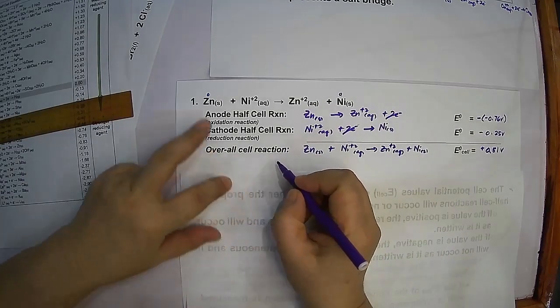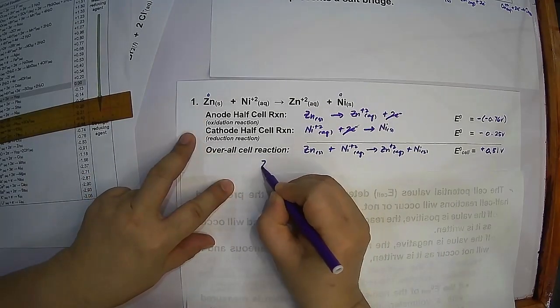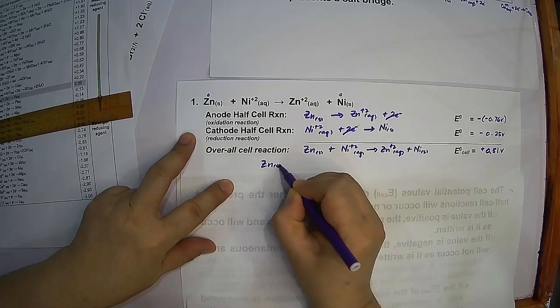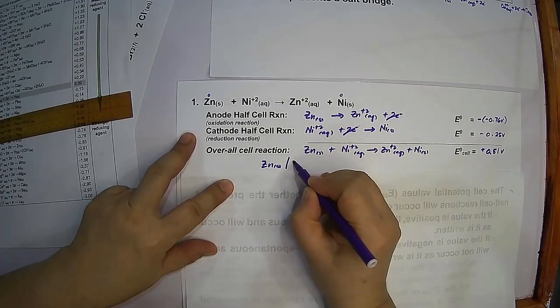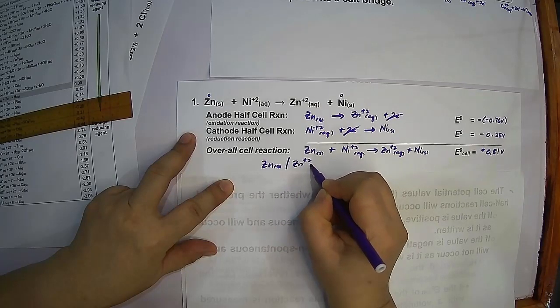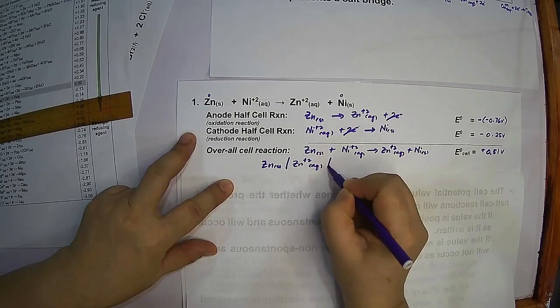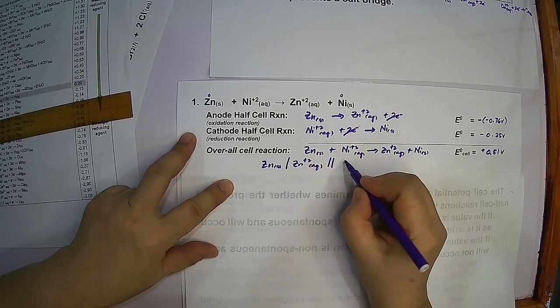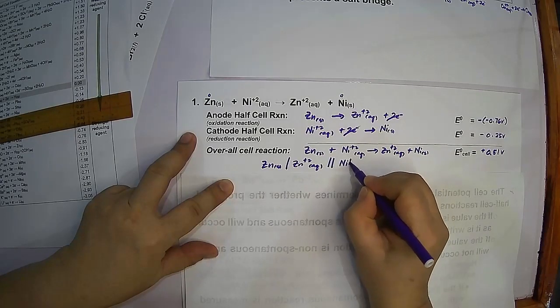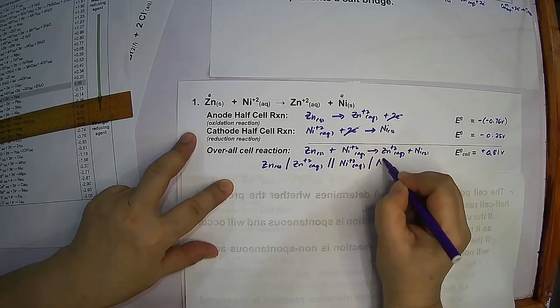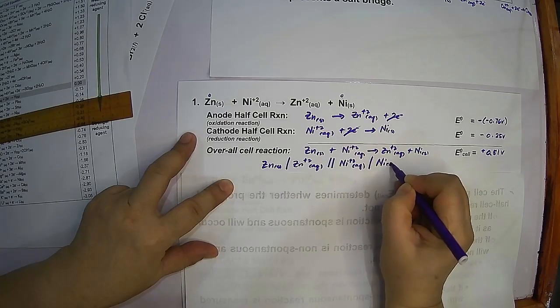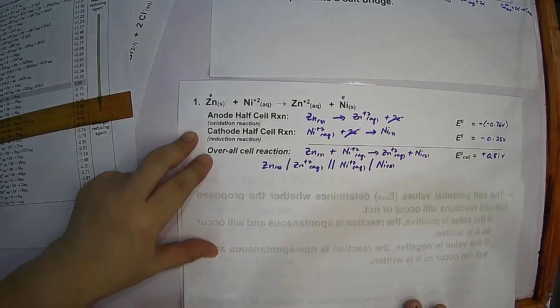We have here the zinc solid, single slash, which is the phase boundary. You have the zinc ion in aqueous, the double slash, the salt bridge. Then you have the nickel ion, and single slash, you have the nickel solid.